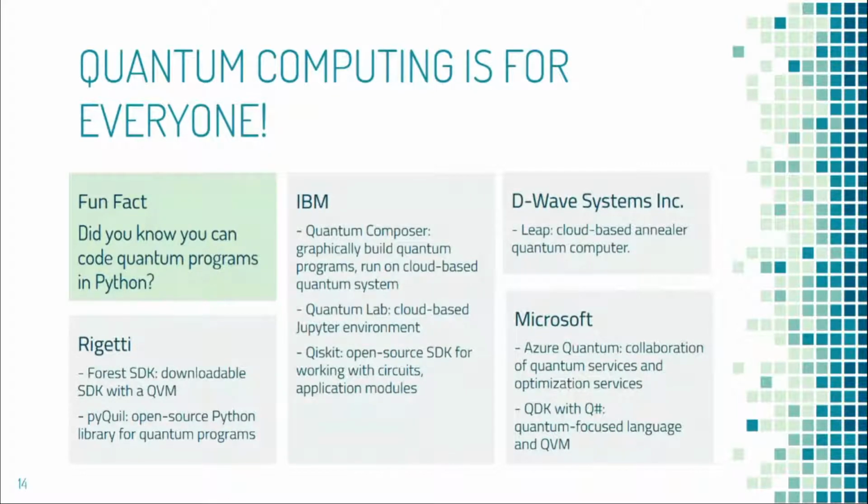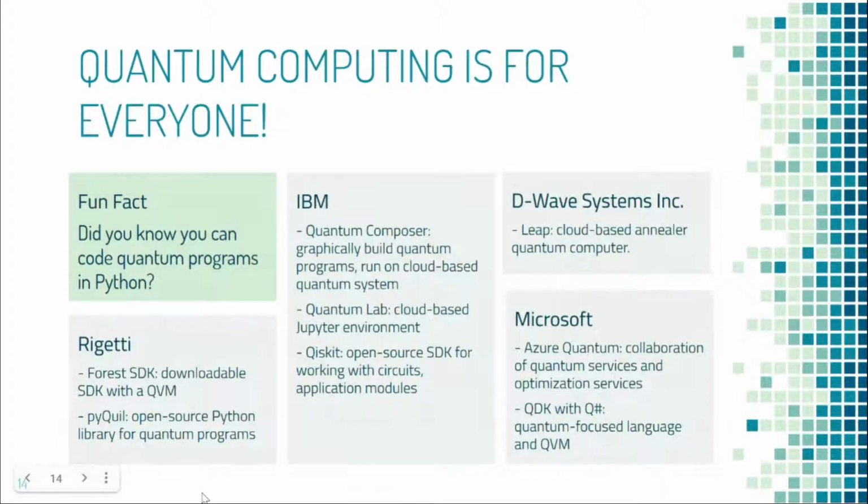You can code quantum programs in Python. Rigetti has developed an open source Python library called PyQuil that's used for quantum programs in conjunction with their quantum virtual machine, which is also known as QVM.